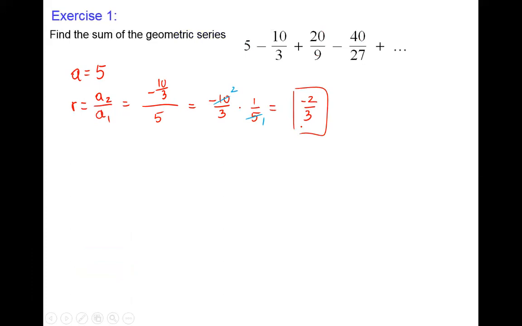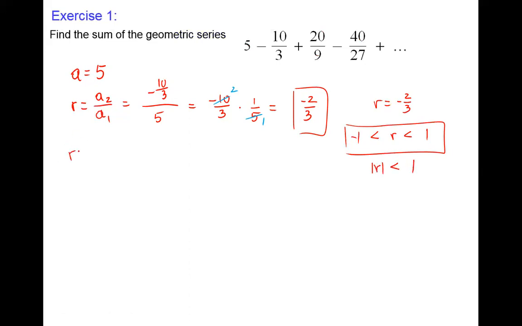That means this is a number between -1 and 1. That means this geometric series is definitely convergent because the common ratio is -2 over 3, and this is definitely between +1 and -1. Or I can say the absolute value is less than 1.